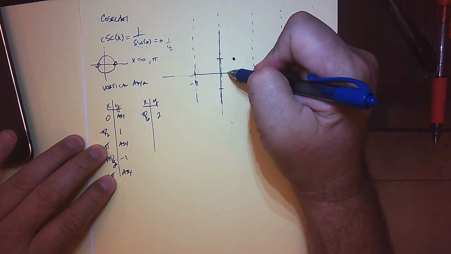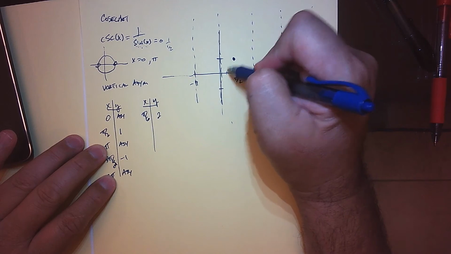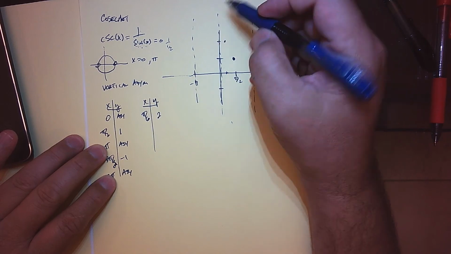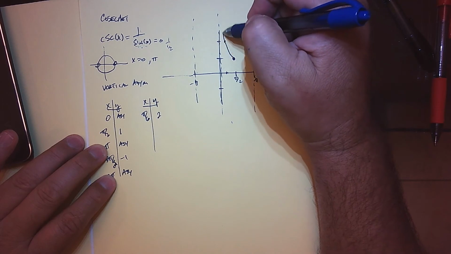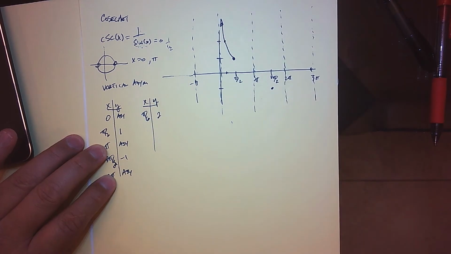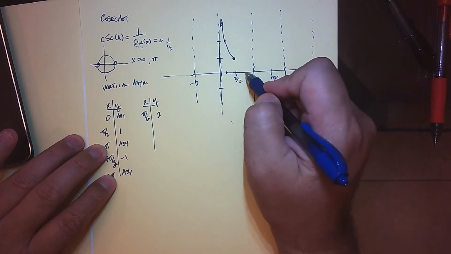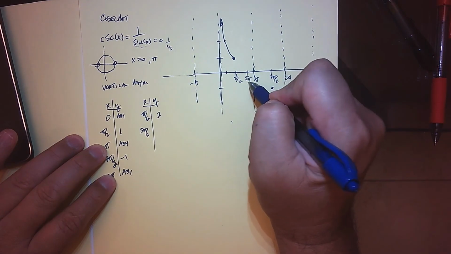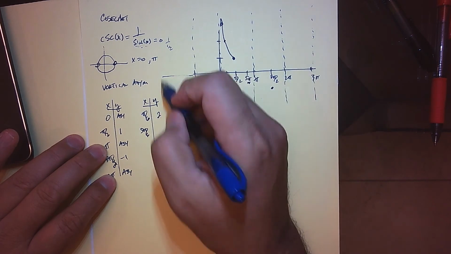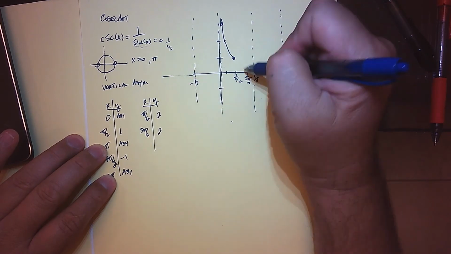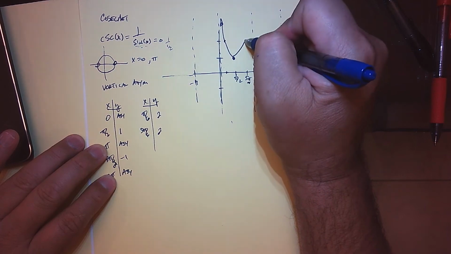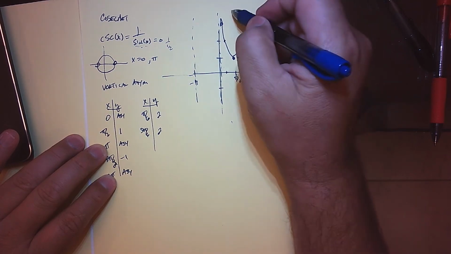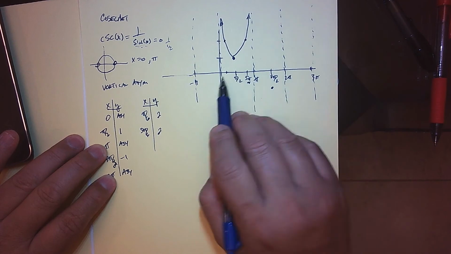So at pi over 6, somewhere in here, we're going to be equal to 2. This graph in this direction is following that data point. Over here, if we did 5 pi over 6, that's also equal to a half, so we'll also be equal to 2 right there. So that's what's going to happen to the cosecant graph from 0 to pi.